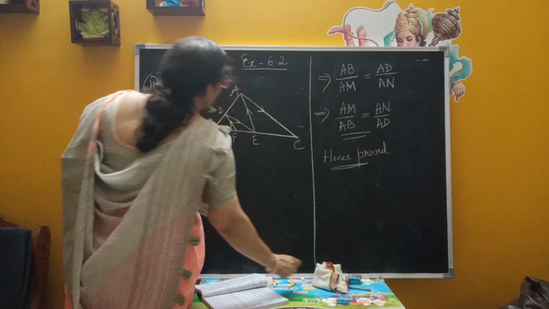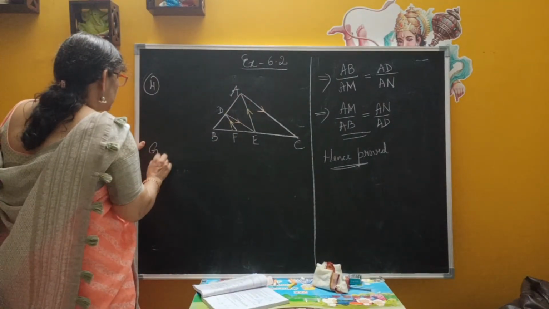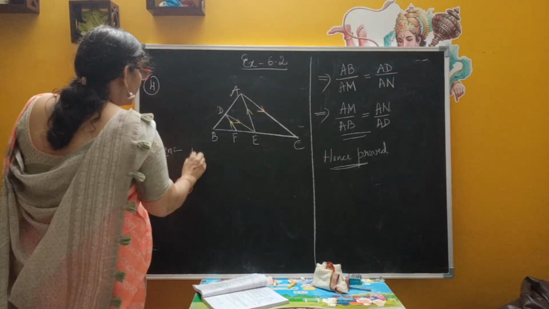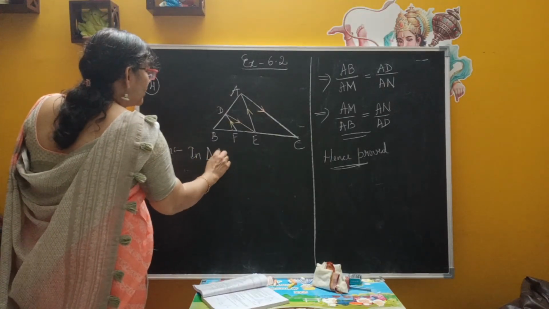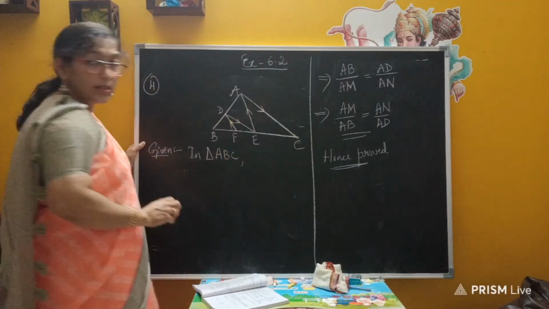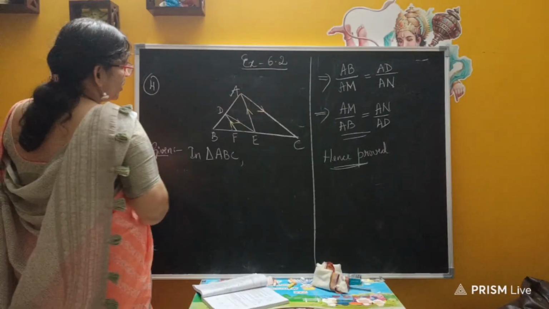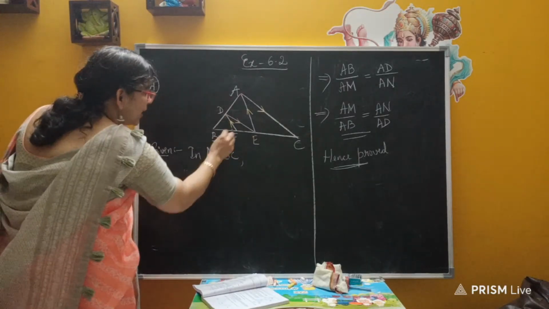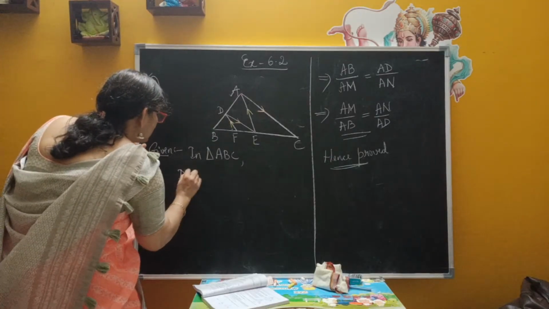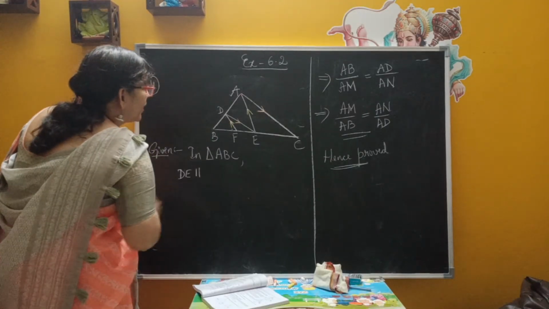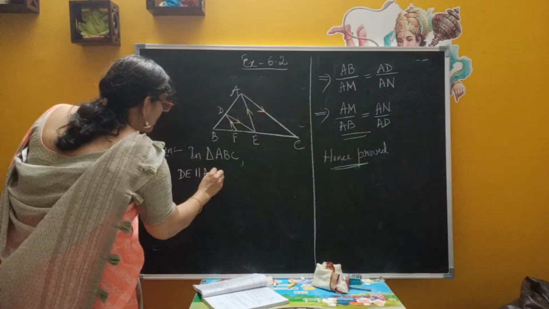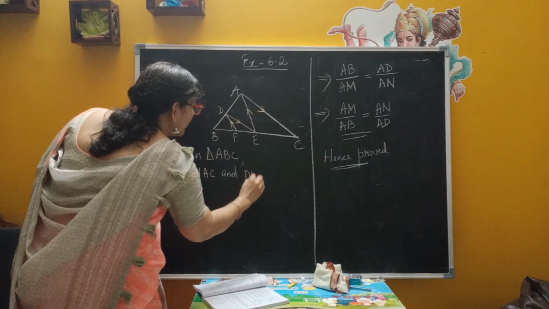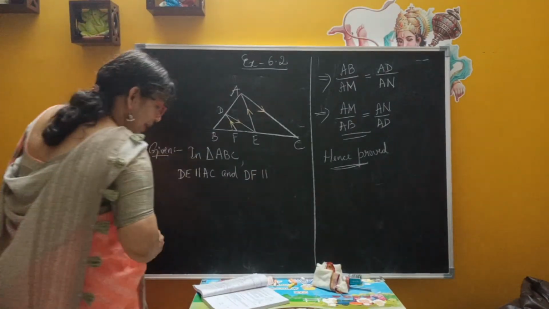So let us write now, given: in triangle ABC, or you can just write in the given figure, that is also fine. What is given? DF parallel to AC and DE parallel to AC, and DF parallel to AE.